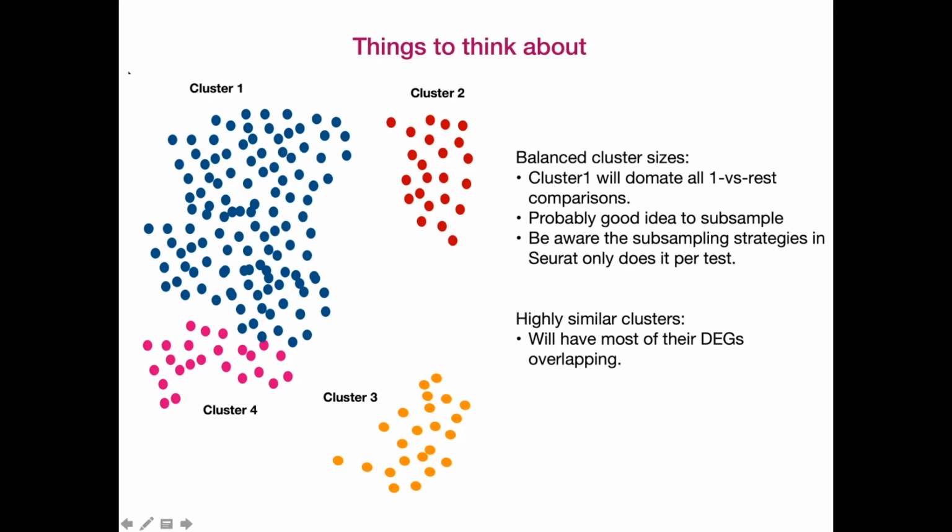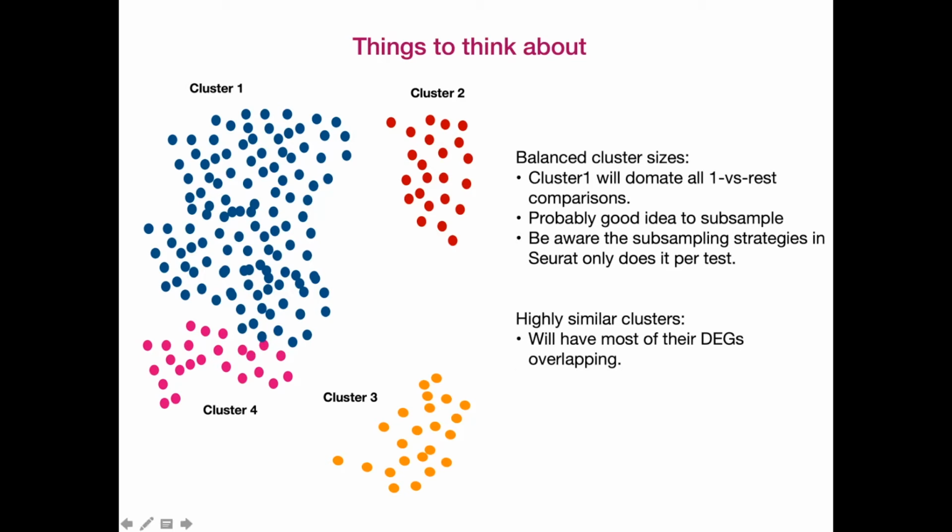So we'll take still all of these cells here and subsample to say 50 cells or 100 cells, whatever we set. So it still will be dominated by cluster 1. So you would have to subsample first to have a fairly equal number of cells per cluster, and then run the find all clusters to have a more fair comparison.